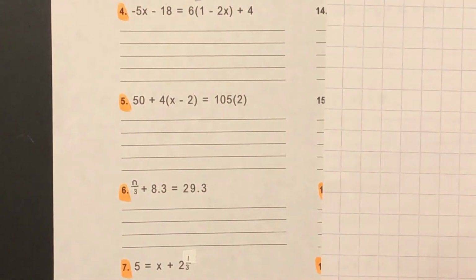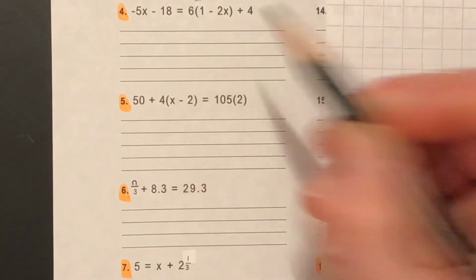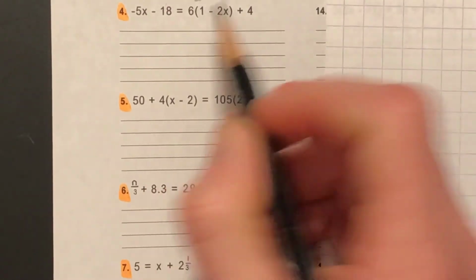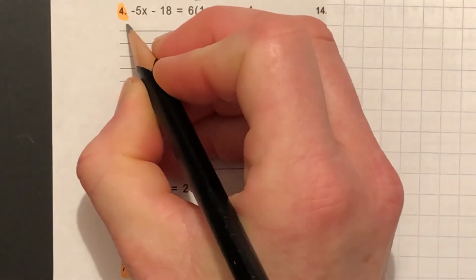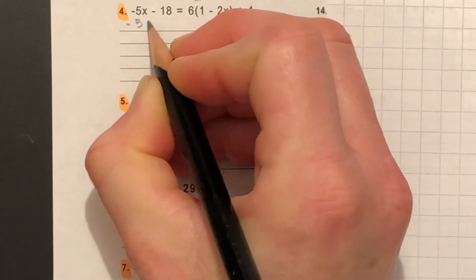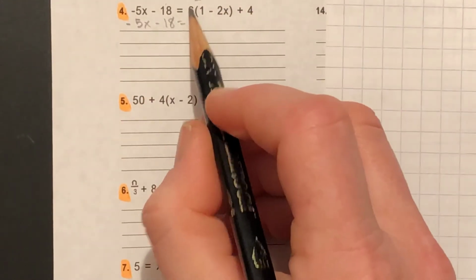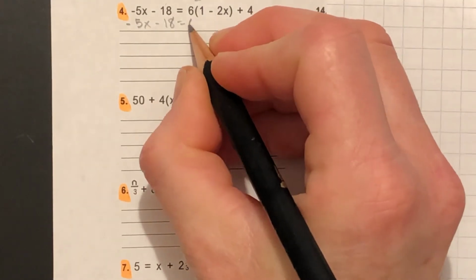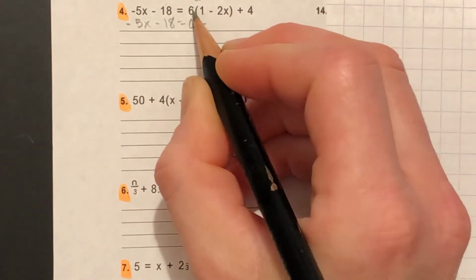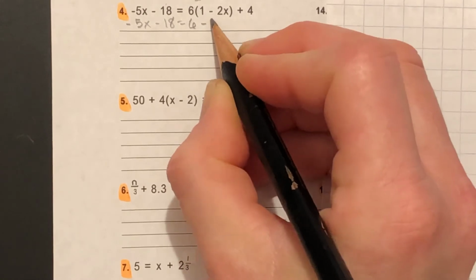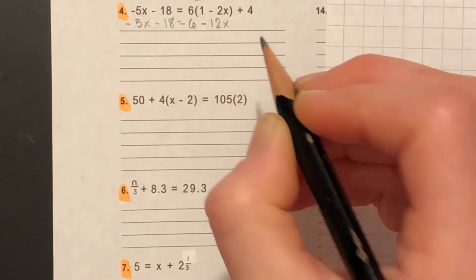There's too much going on to see whether it would be easier to divide and stuff. So I'm going to go ahead and distribute this out. Negative 5x minus 18 equals 6 times 1 is 6 minus 6 times 2x is 12x plus 4.